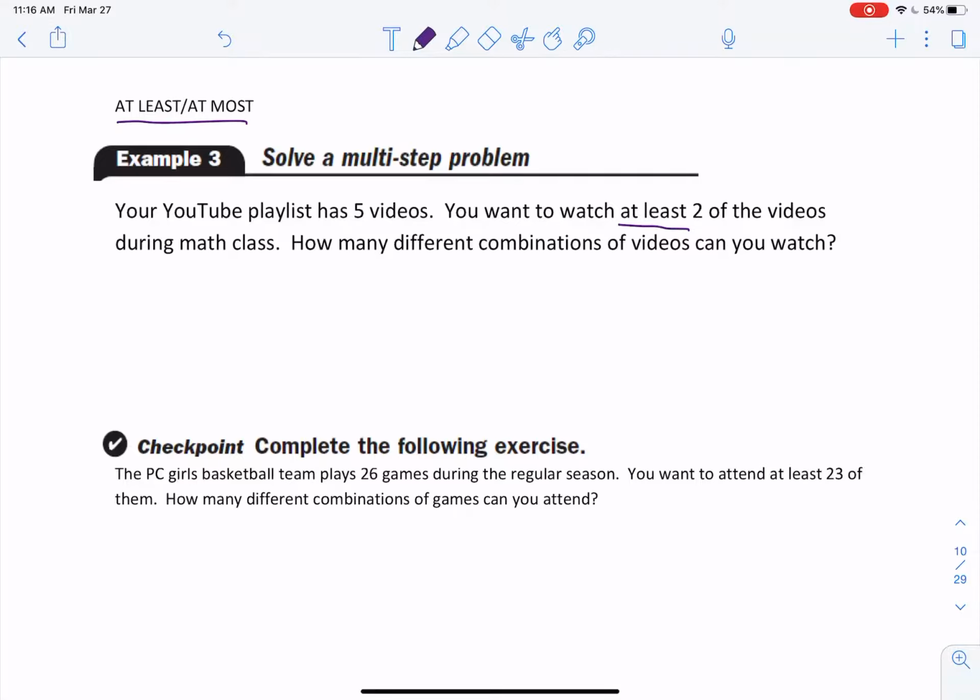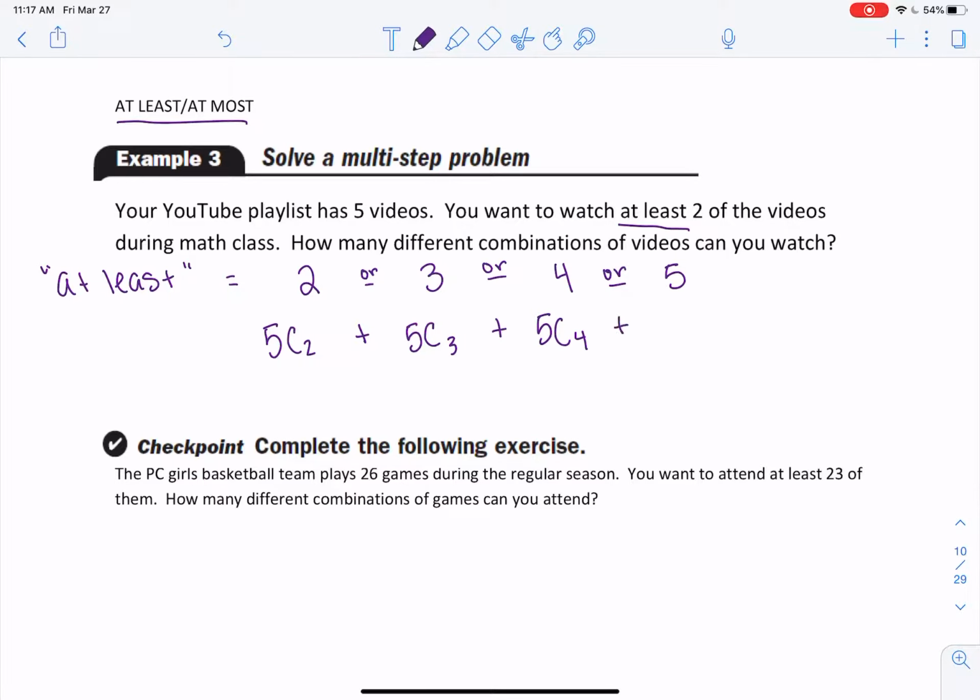So what you have to do when you think of the at least, at most. So at least. That means you could watch 2 of your videos, or you could watch 3 of your videos, or you could watch 4 of your videos, or you could watch 5 of them. So you have 5 videos and you could choose to watch 2, or 5 videos and choose to watch 3, or 5 videos and choose to watch 4, or 5 videos and you watch all 5.